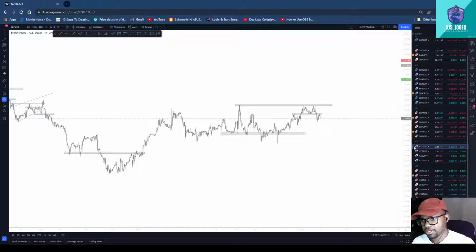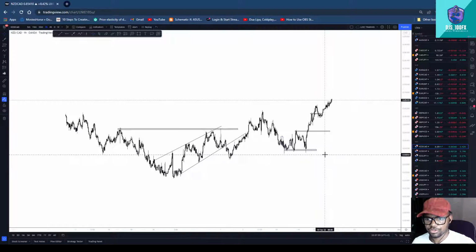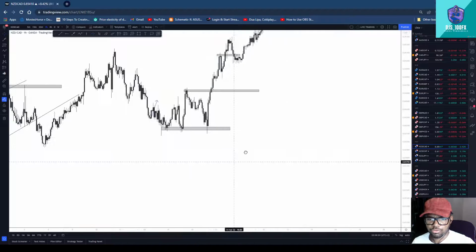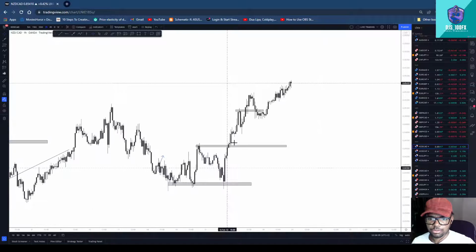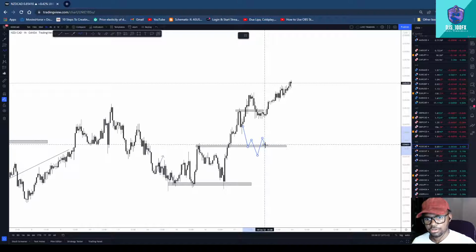NZD CAD. I was looking for a trade on NZD CAD as well. In the beginning of the week, I was waiting for price to break below this level, retest, and then take the continuation. But then price got here, broke this level here, which is a good level of resistance support, where price could easily have come down here, reject, and then come down to this level, as I explained on the previous pair that was looking kind of like this.